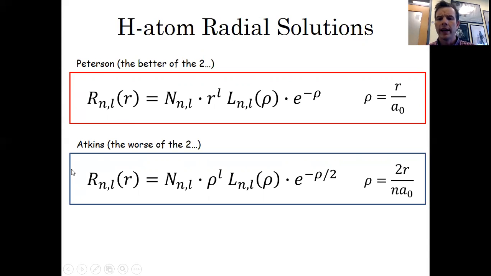And if you're looking carefully at Atkins, you'll see it has this form. And you'll note that these are slightly different. Atkins defines rho in this way. I have defined rho in this way. And because it is defined differently, the radial solutions have different forms.